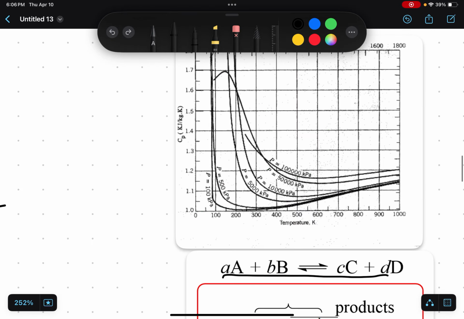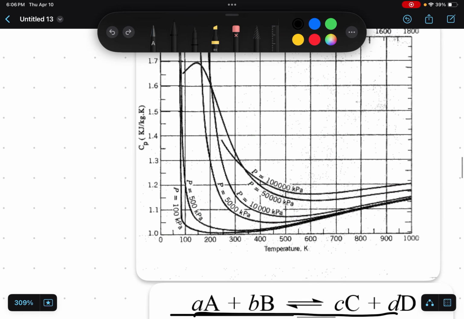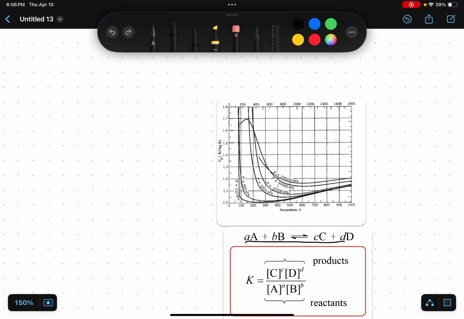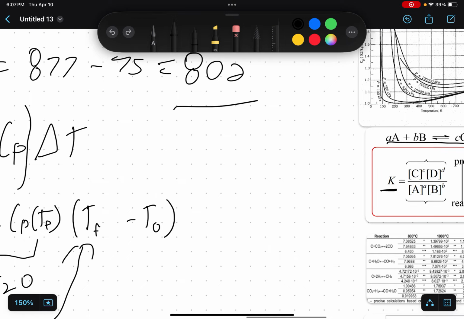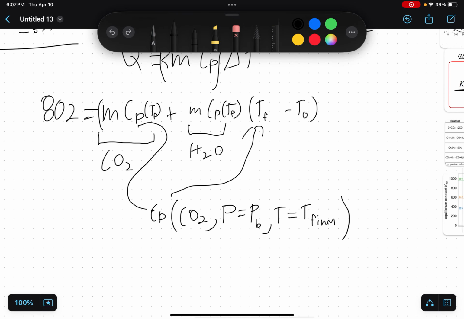Because like you see, it's a function of pressures. They're different pressures, it's different lines, and it's a function of temperature. And I don't know which molecule this one's for, but it's also a function of molecules. So a different molecule will have a different profile as well. So all three of these things affect it. But the only unknown is T final.